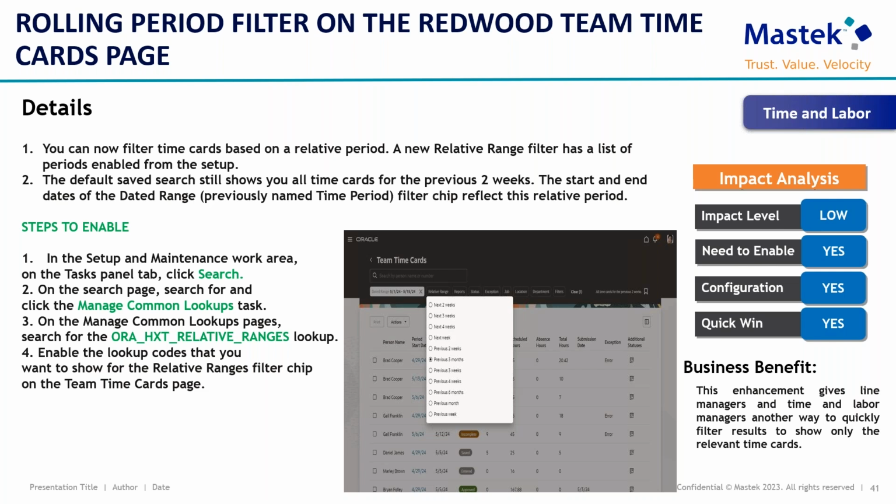So in terms of business benefit, this enhancement gives line managers and time and labor managers another way of quick filtering results to show the relevant time cards. So it's just an enhancement into what they can currently see based on different set of ranges. In terms of enablement and configuration, we have to go to manage common lookups and enable the respective range that we want. But at the end of it, it's a quick win for us.